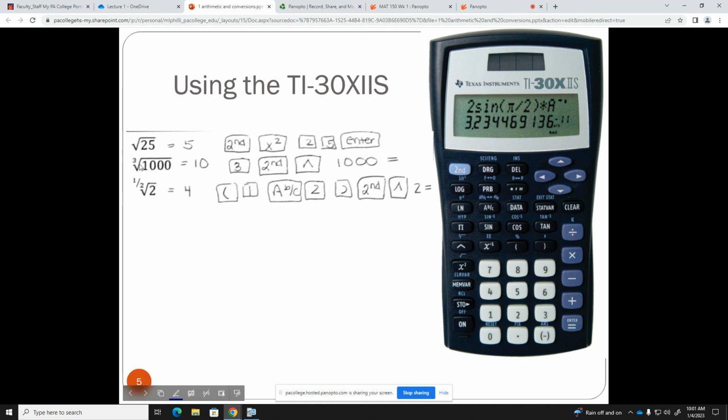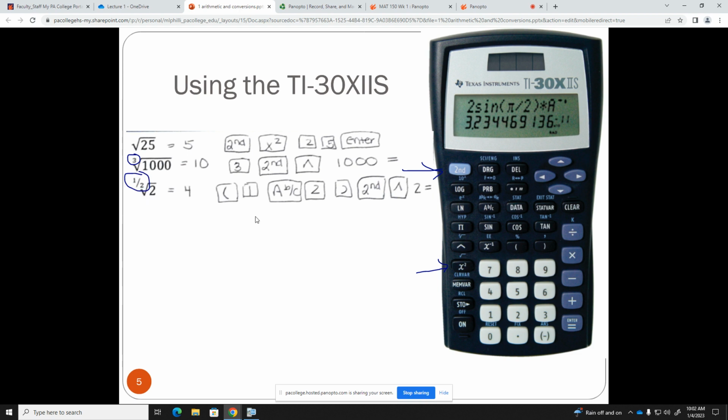For roots, if we are doing a square root, which is written without the index, we can use the second key, which is here, and then the squared key. That combination will get us the square root symbol. All other roots have the index written at the front. So here, this cube root or this 1/2 root, they have an index written prior to the root symbol.